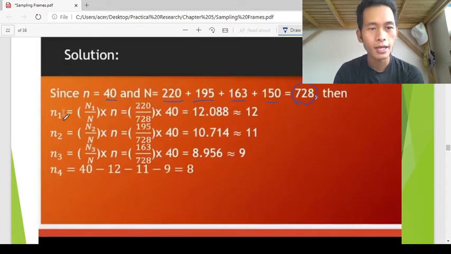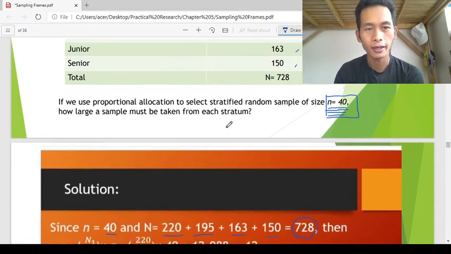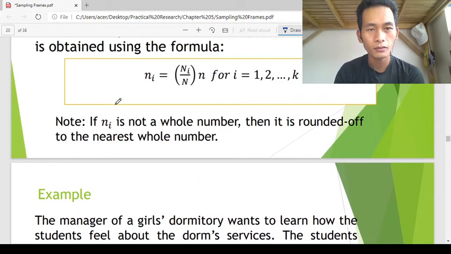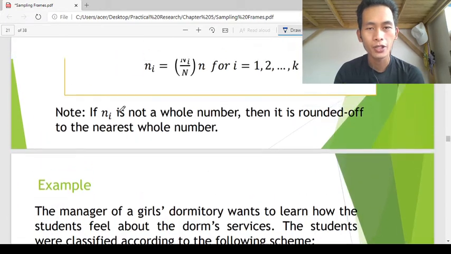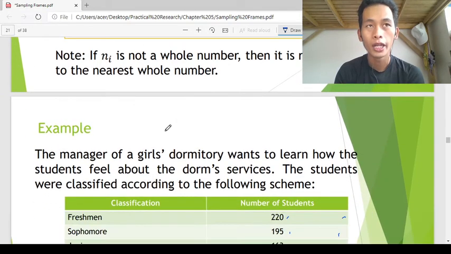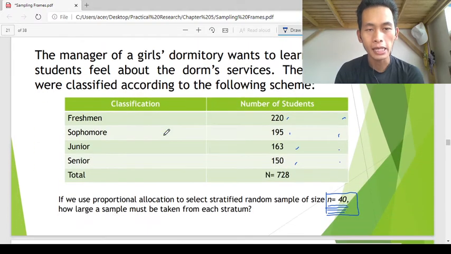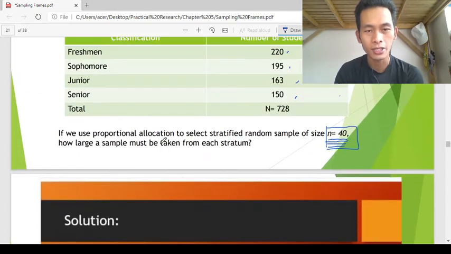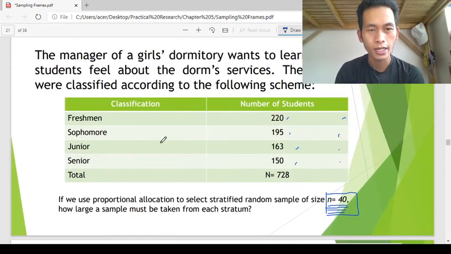Then n sub i refers to the sample, the number of samples to be taken out from each stratum or each classification.